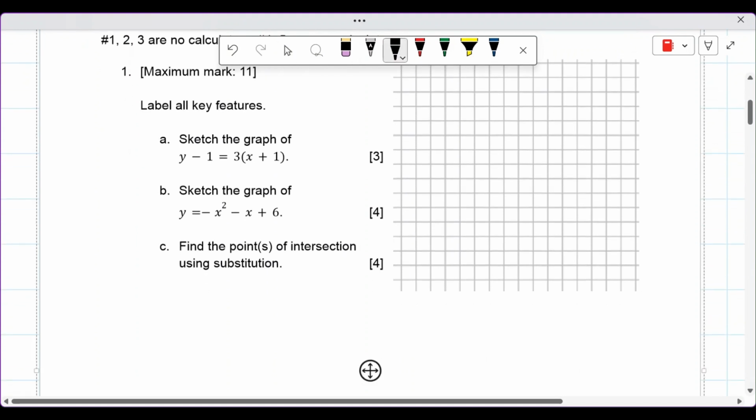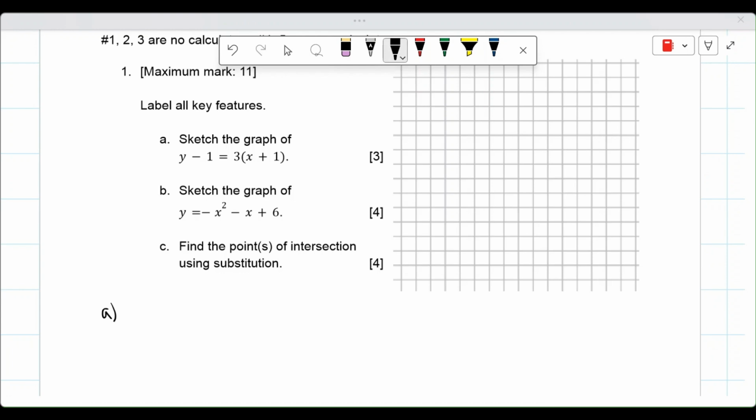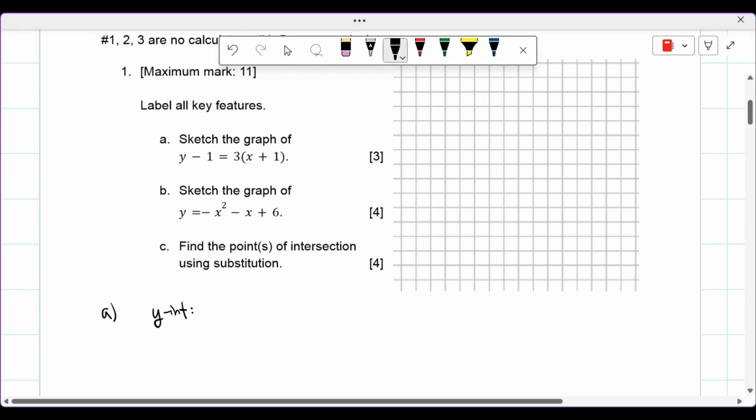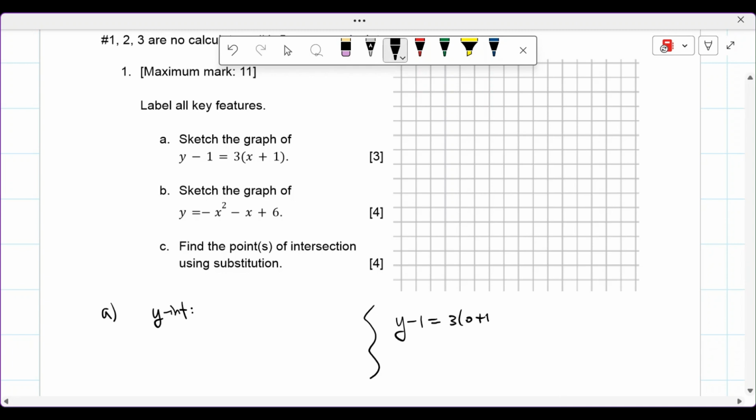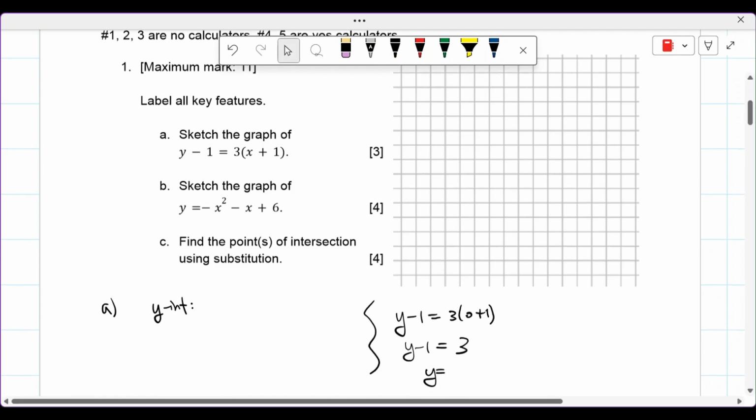So the first thing I want to do is identify some key features of this linear function. I know that the y-intercept, we find it by doing x equals 0. So I know that the y-intercept is y equals 4.